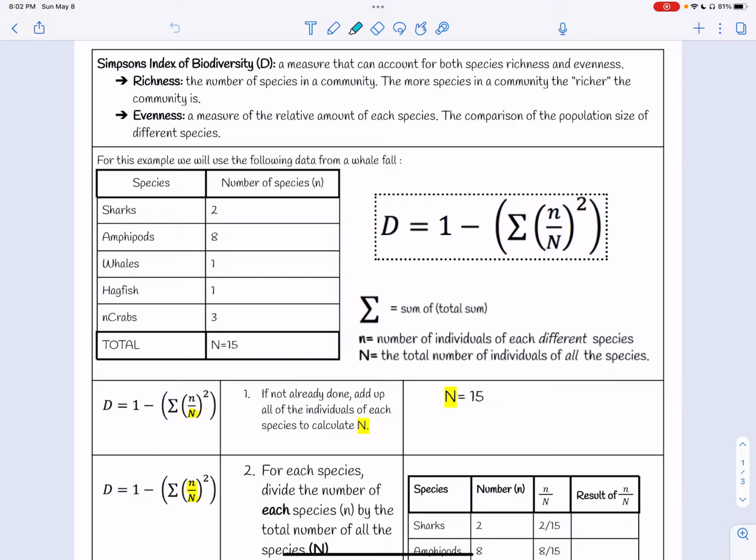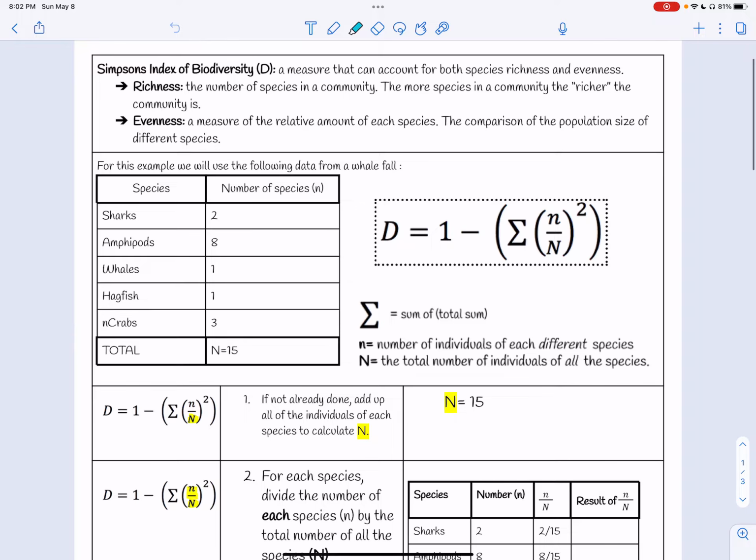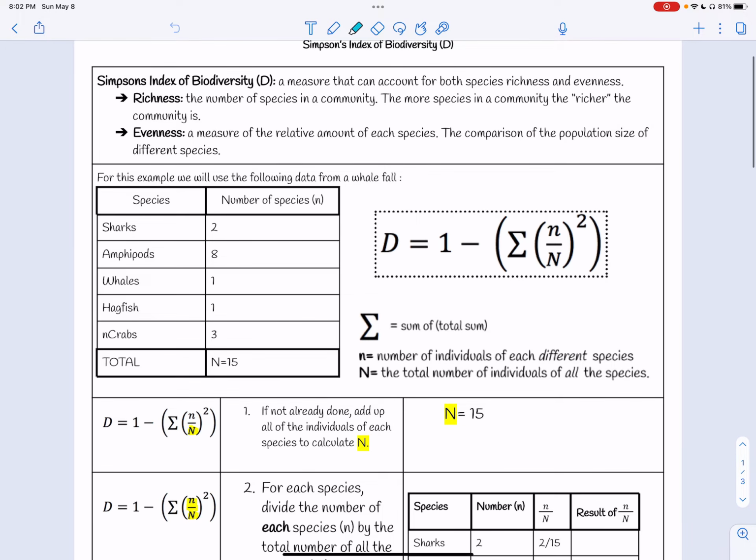Okay, so this is going to be looking at the different populations in an ecosystem. Looking at the different populations of species in a community and trying to identify its biodiversity value, or if it is an area that is rich in biodiversity.